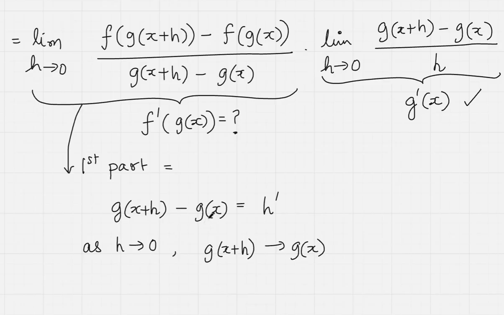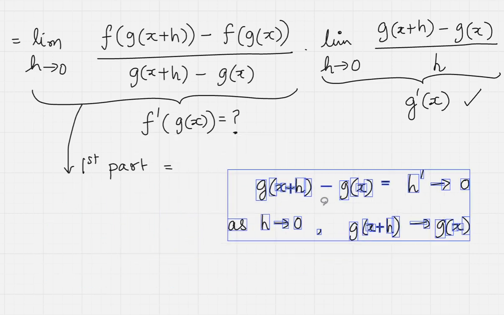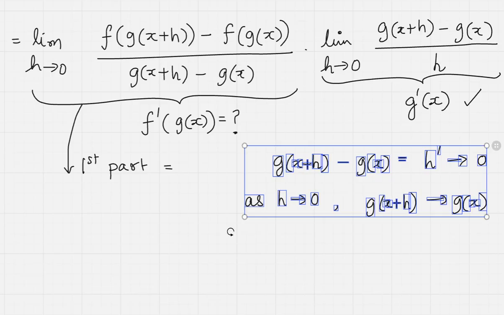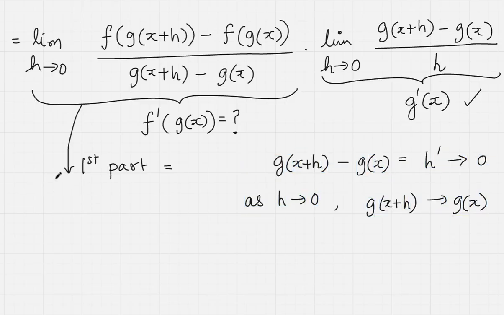Okay. So if g is continuous, then g of x plus h also approaches g of x. It's very close. And we can assume that g of x plus h minus g of x is h dash, a small value. So h dash also approaches 0. Okay. So that was the assumption, which is true.